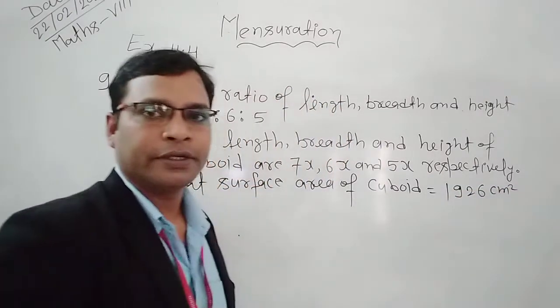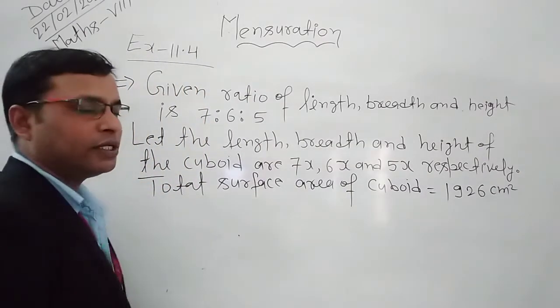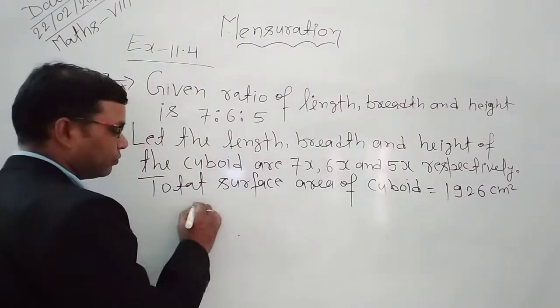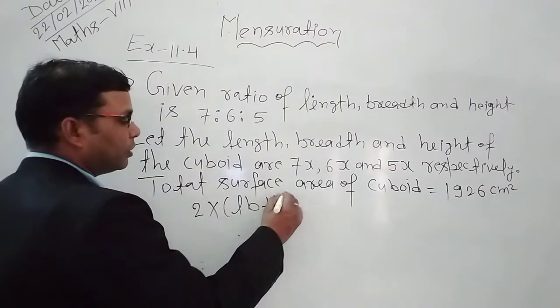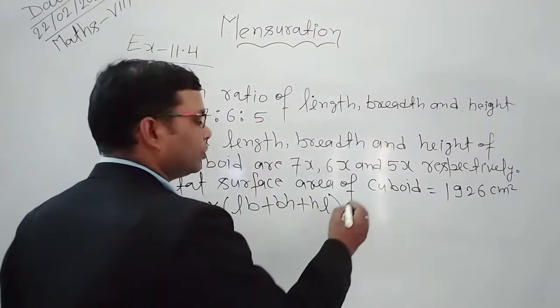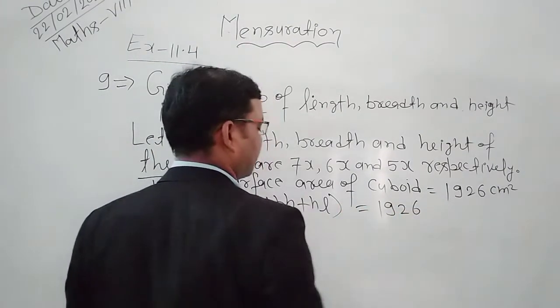But you know very well the formula to find the total surface area of a cuboid. This is equal to 2 into (L into B plus B into H plus H into L), which is equal to 1926.